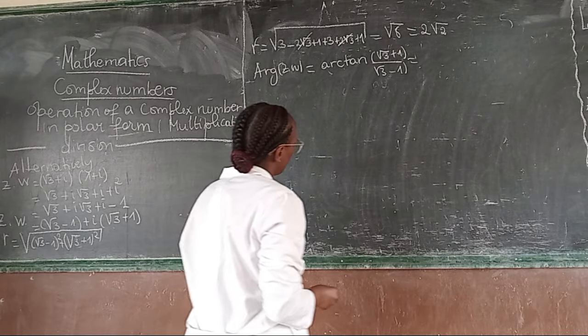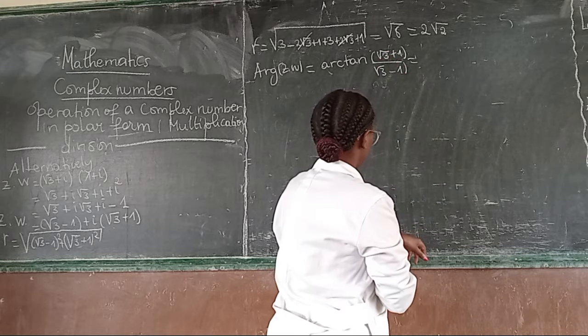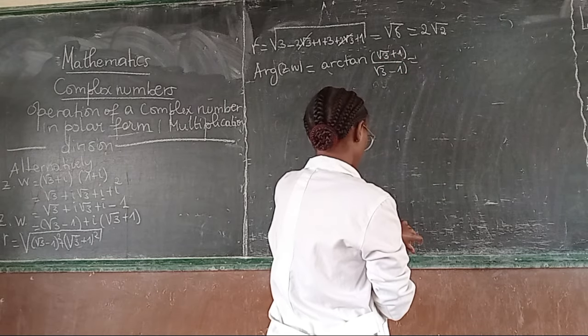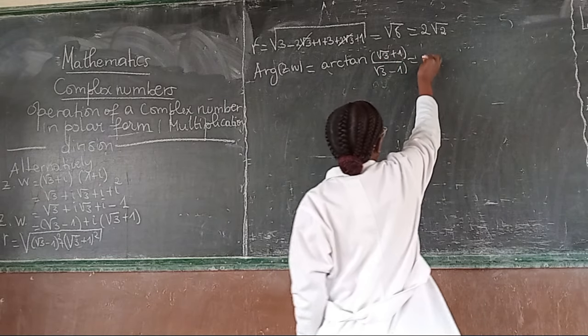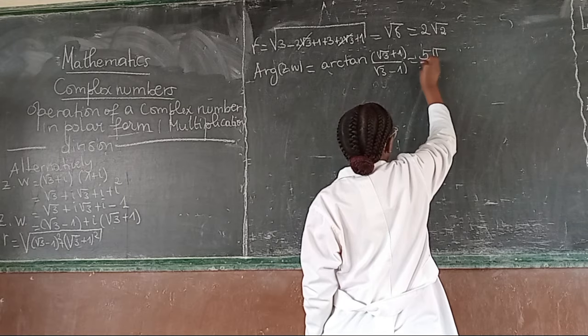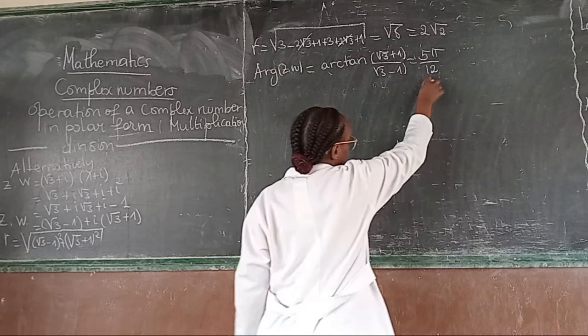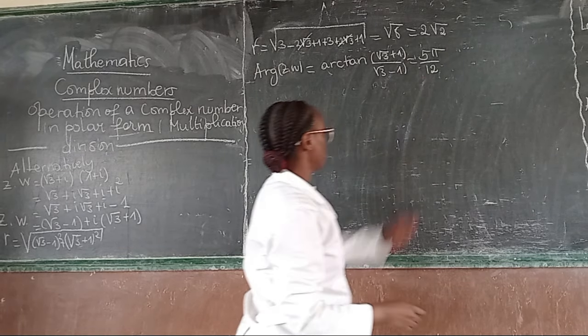So the tan inverse of square root of 3 plus 1 over square root of 3 minus 1 will be equal to 5 pi over 12. Exactly, I get the argument of that one.